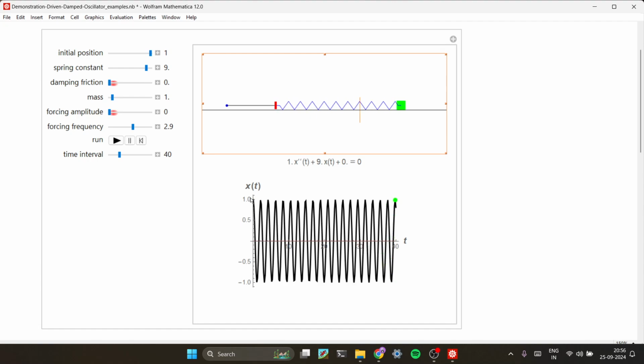The position time graph is just of the type cos omega t or sin omega t. We found the solution, only of the type cos omega t or sin omega t. There is no extra term. So that is how the sin omega t or cos omega t graph looks like.